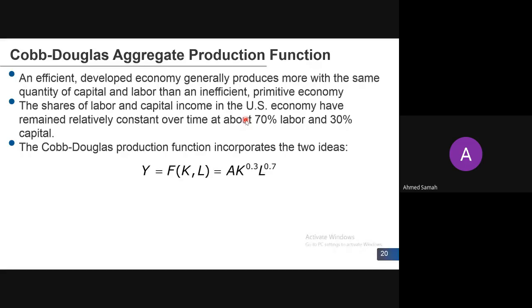Here Y is the total production level or the GDP level. It is a function of the total capital and the total labor in the market, and now they put technology in as well, which is equal to A times K to the power 0.3, because 30% is capital, and L to the power 0.7, because labor is 70%.